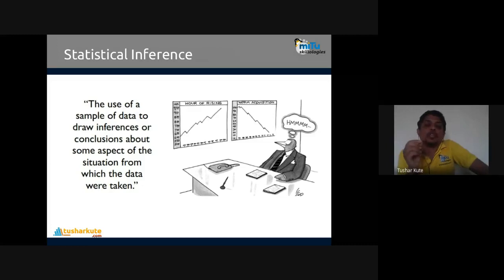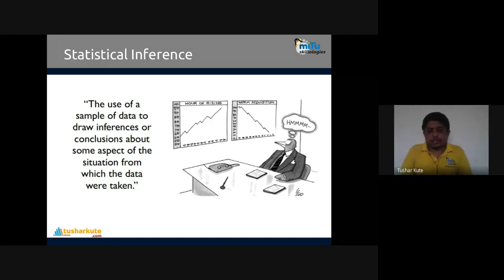Sample and population connectivity. You draw some conclusions from it, and those conclusions are applicable to the population. This method we call statistical inference.